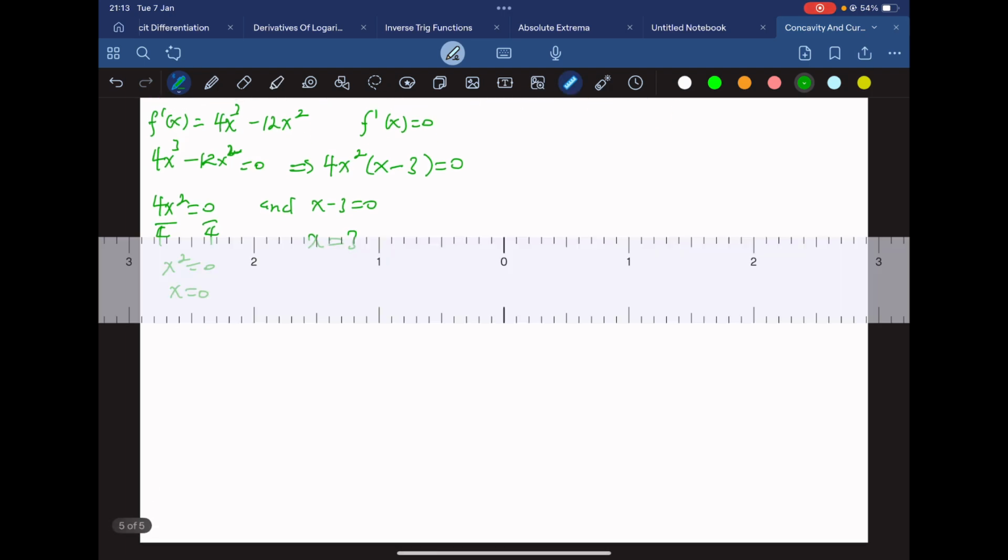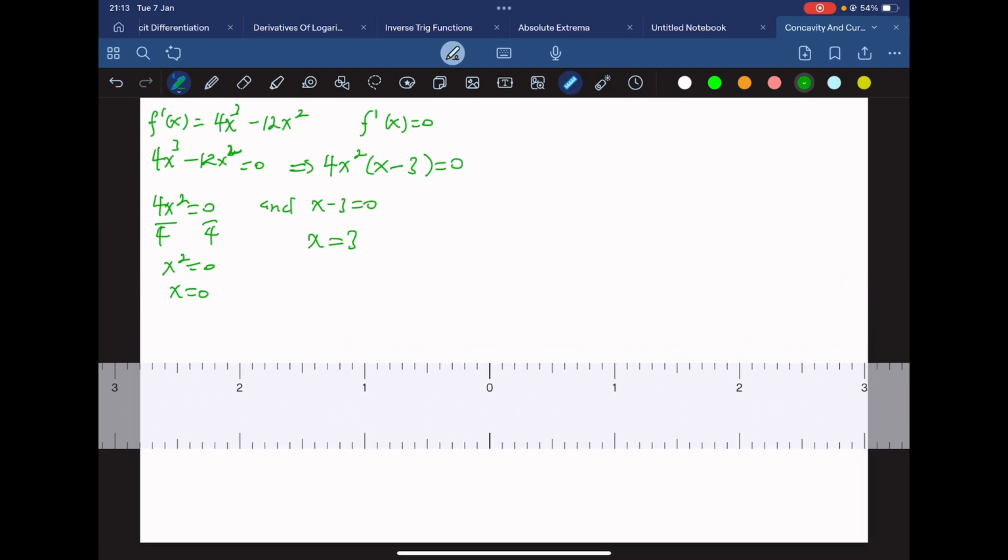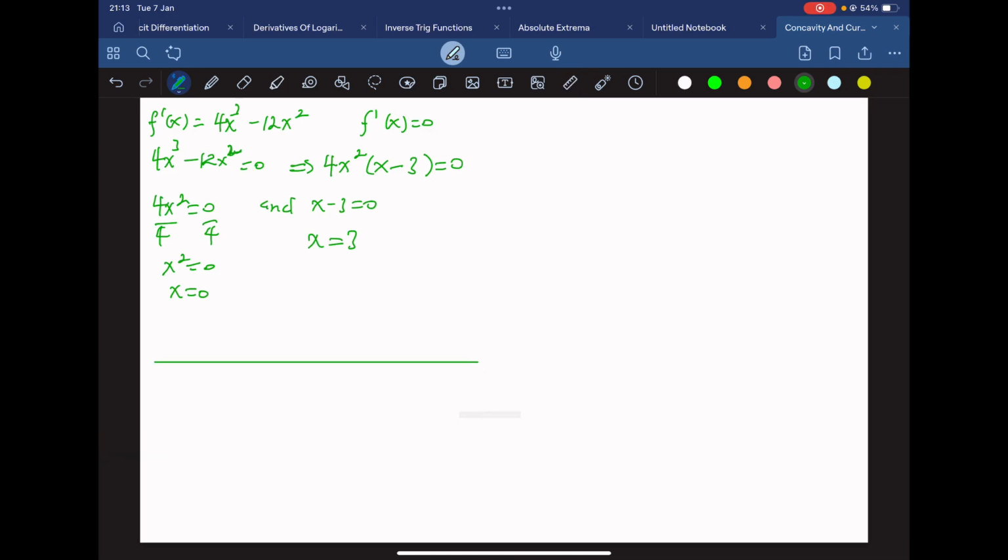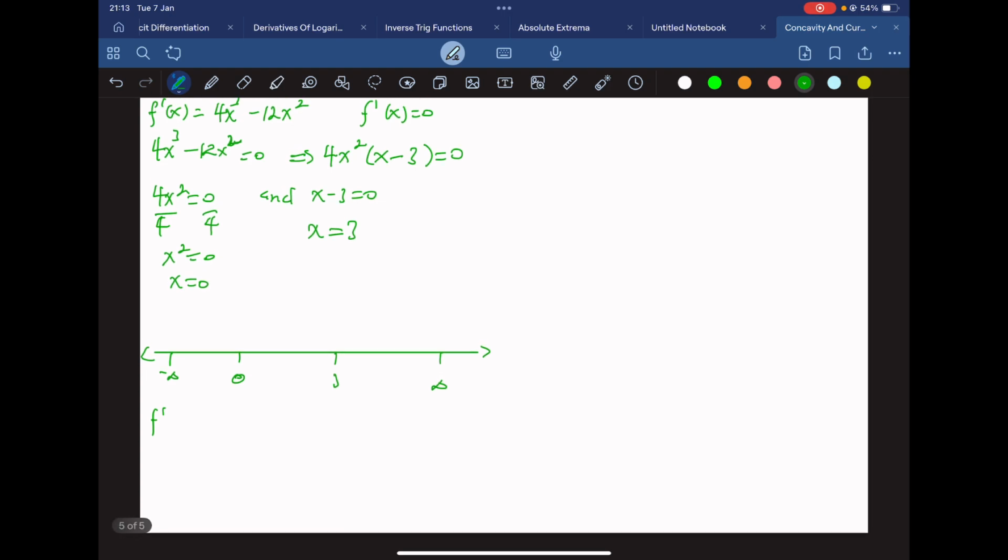So we can draw our number line here. We have negative infinity, we have 0, we have 3, and we have infinity. So we have f prime.